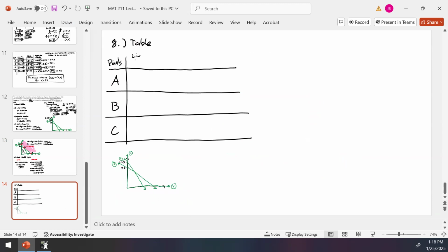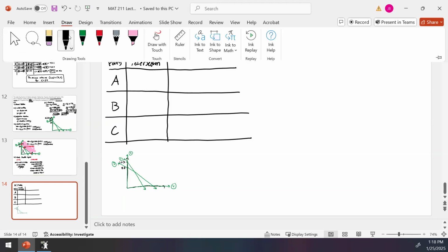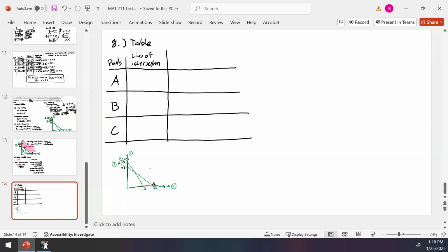So lines of intersection. So for point A, B, I forgot they didn't copy over, so I'll just write that down real quick. So A, B, and C right there.